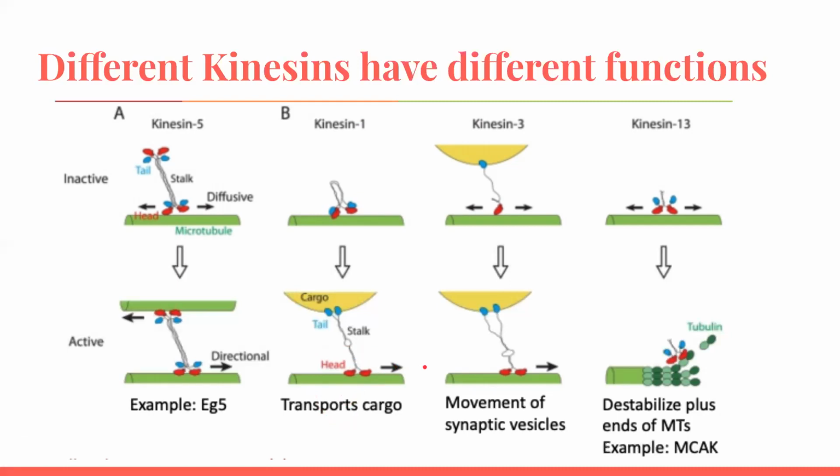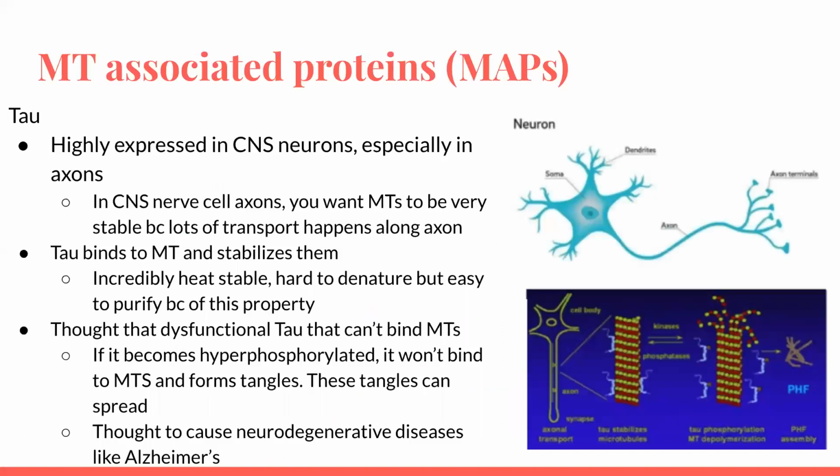All right, if there are no questions on this, we can go to microtubule associated proteins, or MAPs. The only one she talked about this year is tau, which is highly expressed in central nervous system neurons, especially axons. In the central nervous system, you want microtubules to be super stable because there are lots of microtubules in the axon that transport proteins down to the synapses.